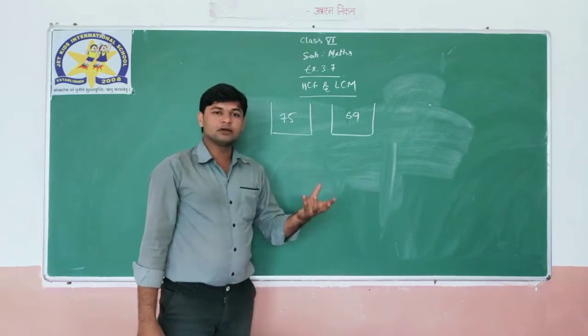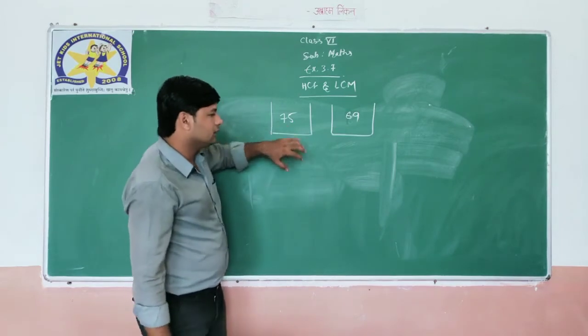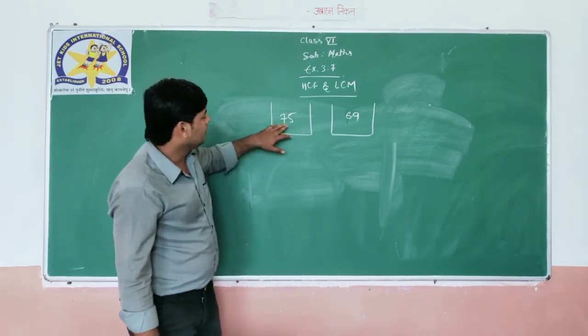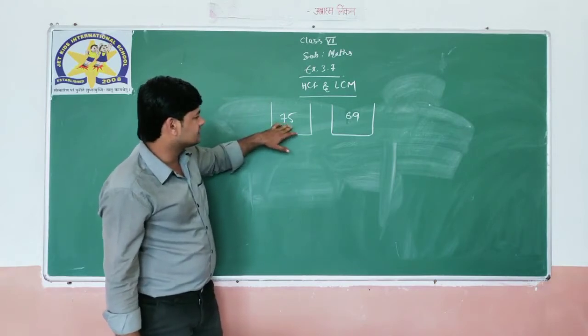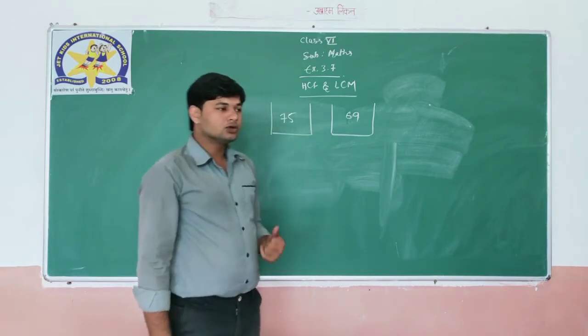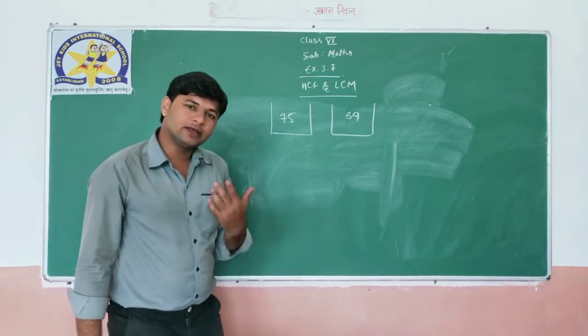For example, if you took 5 kg, it should be counted multiple times, so that it measures 75 kg and 69 kg exactly. So if maximum is given, you need to find out HCF.